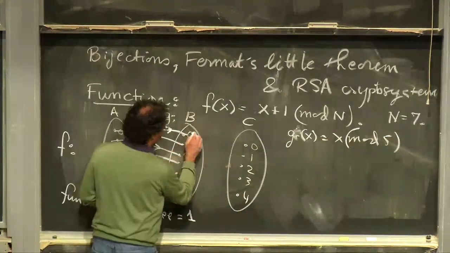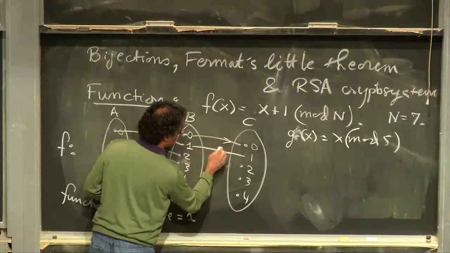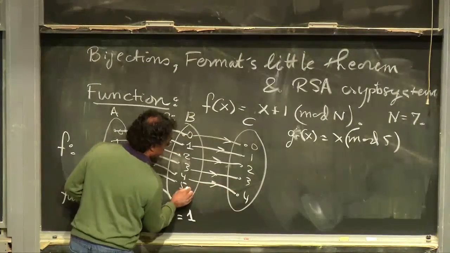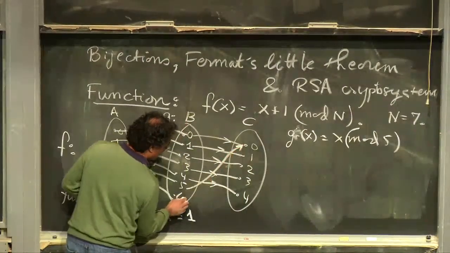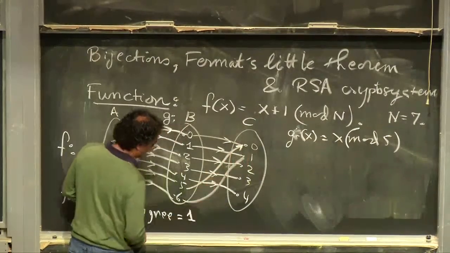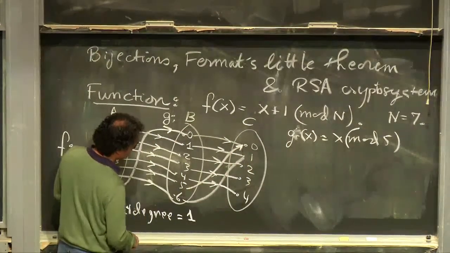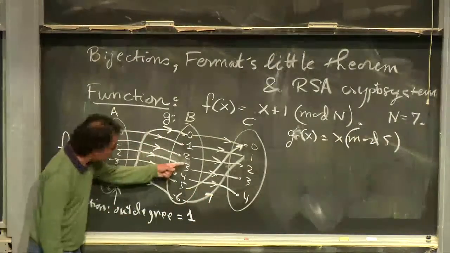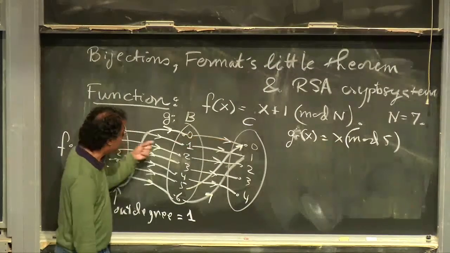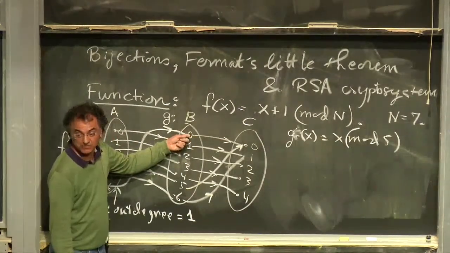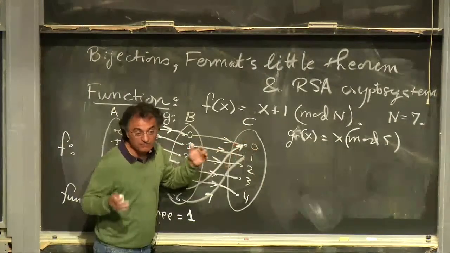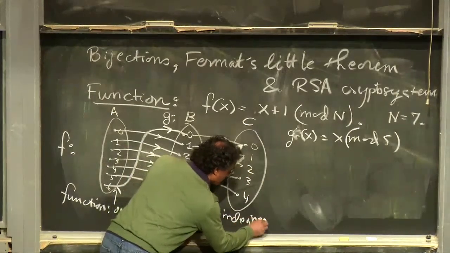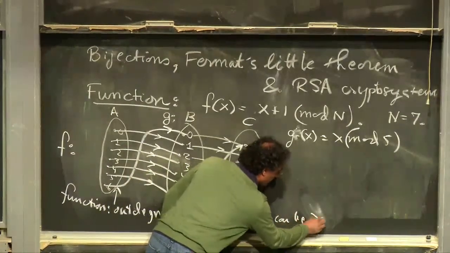Now 0 gets mapped to 0, 1 to 1, 2 to 2, 3 to 3, 4 to 4, 5 gets mapped to 0, and 6 gets mapped to 1. So this is still a function. The out degree is still 1. But the in degree doesn't have to be 1. It can be 0, 2 or 3. You can have collisions on this side. So the in degree can be greater than 1.